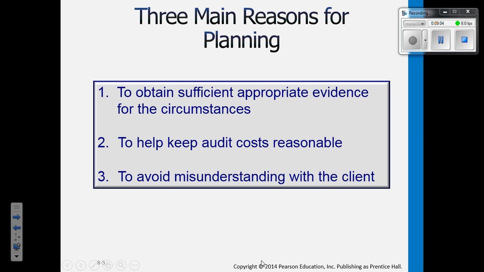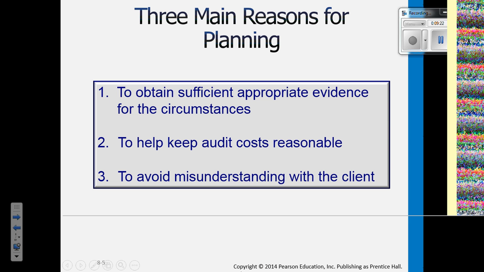Obtain sufficient appropriate evidence for the circumstances, sufficient competent evidential matter to support your audit opinion. And part of that is, of course, planning what you're going to do, and part of that is training and supervising your assistants.